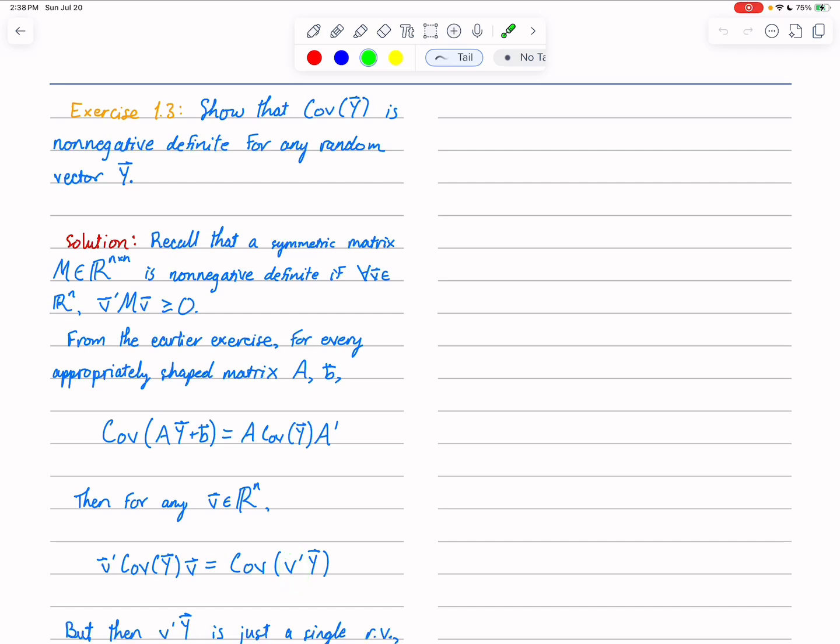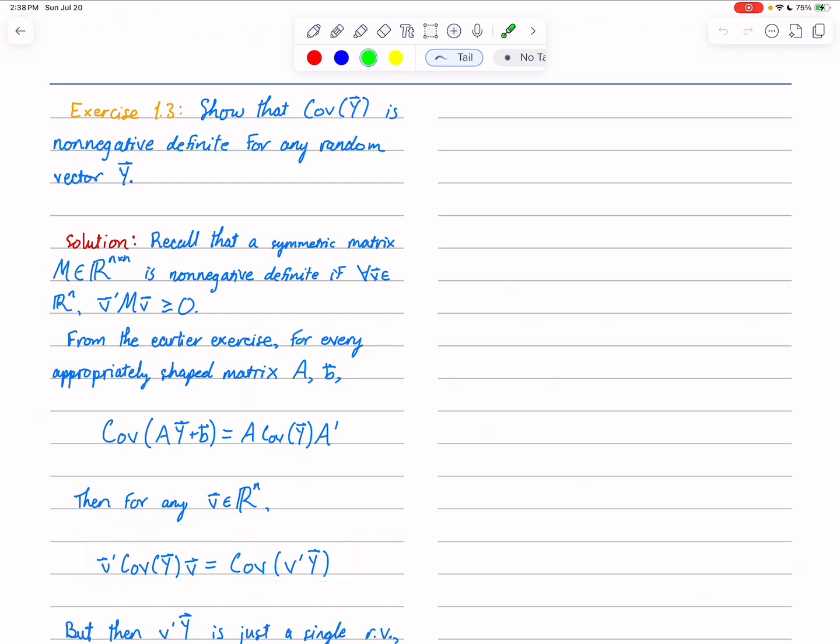Because that's what we would want on this side of the covariance matrix, so that would have to come from this matrix A being V prime, the transpose of V. So applying all of those principles, we get this equation.